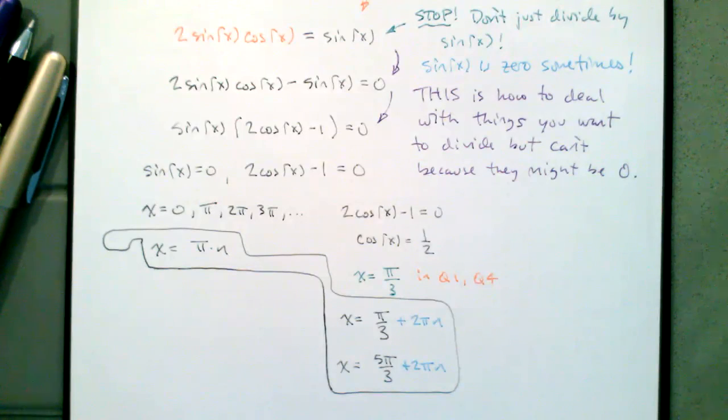Everything else is just strategies to get to that point. When the variable appears in the denominator in a rational equation, we multiply by the LCD to get to a polynomial equation. If the variable appears under a radical, then we square both sides to get a polynomial equation. And then we just have to know all the extra things that go along with those processes.